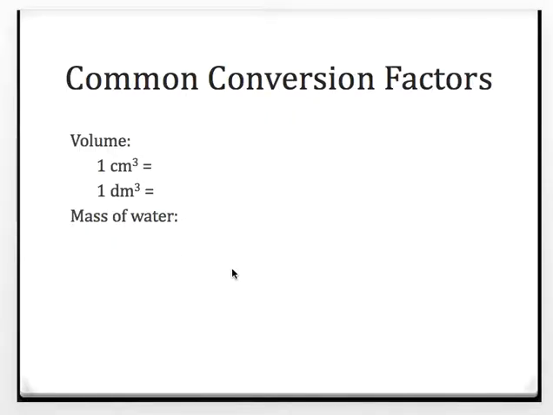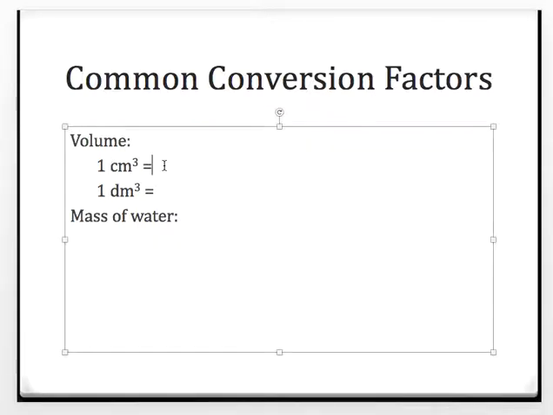Now there are some common conversion factors that I need you to know that we're going to use quite a bit in dimensional analysis, and most of them have to do with volume and water. So volume, 1 centimeter cubed, is equal to 1 milliliter. And 1 decimeter cubed, quite a bit bigger now, it's 1/10 of a meter and it's three-dimensional, is equal to 1 liter.